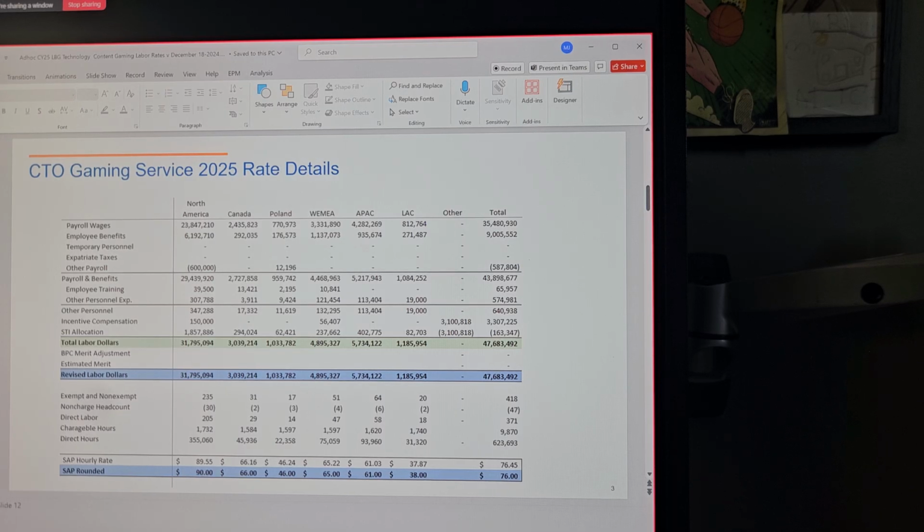And Mike, this rate includes both your team as well as this VLT Systems Services group. So we start with what the head count is.